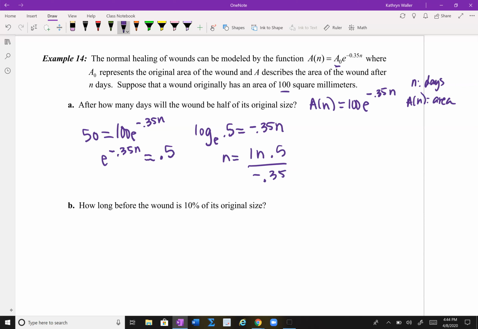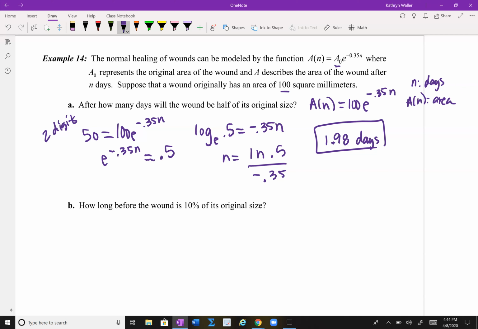Okay, then grab your calculator and go ln 0.5, close it off, divided by negative 0.35, hit enter, and we're going to round this to 2 digits. We'll say that was in the directions. So 1.98 would be the answer. And how many days? So that would be days.